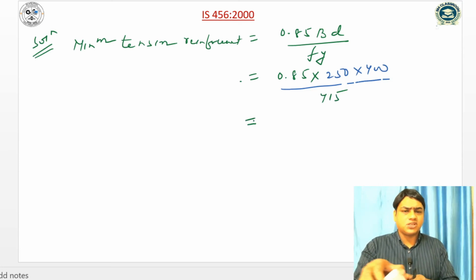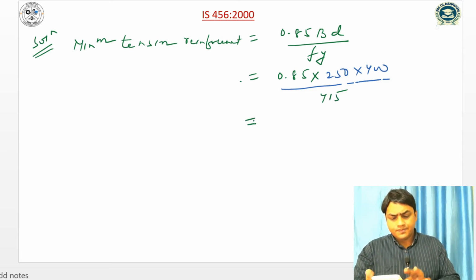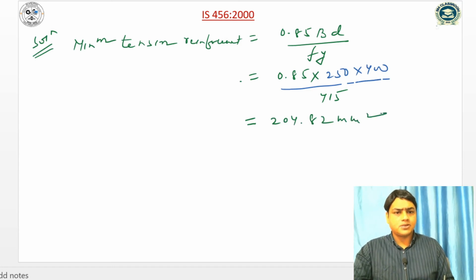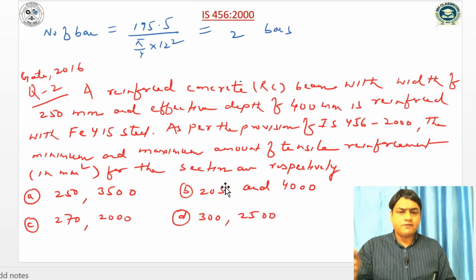So the minimum tension reinforcement is 0.85 into 250 into 400 divided by 415. So it is coming 204.82 mm square.